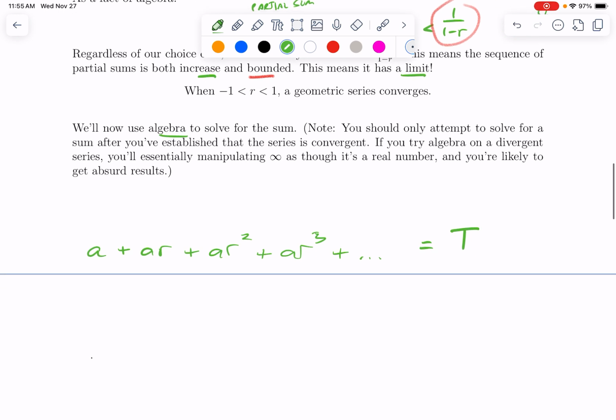So what I'm going to do is subtract a from each side. If I subtract a from each side, I have ar, ar squared, ar cubed, etc. It goes on forever. And I'll just say t minus a over here.